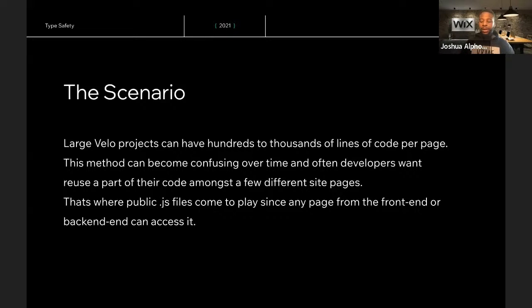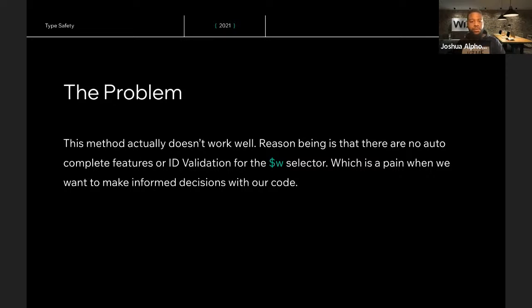But that's cool for reusing code in the public JS files, but there is a problem. This method doesn't work very well because there are no autocomplete features or ID validations for the $W selector in the public JS files, which is a pain because when you want to make an informed decision with your code, you can't necessarily do that.